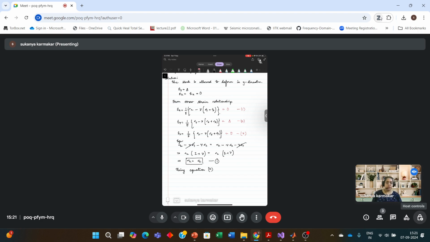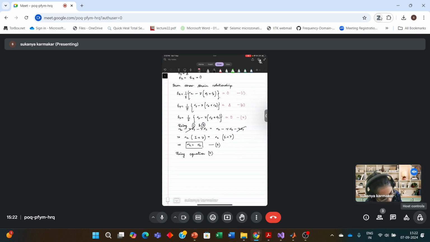Okay, so we used equation 1 and 3 and developed this relationship. Let's name this 4, and this was using 1 and 3. Now using 2, we have sigma y plus nu times sigma x and sigma z is equal, so we can write it as 2 sigma x is equal to 0. So we have a relationship between sigma x, sigma y, and sigma z, right?